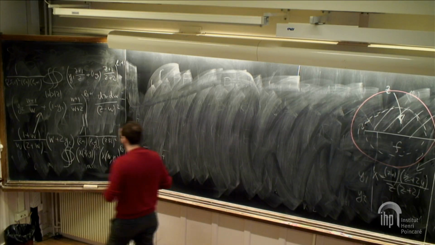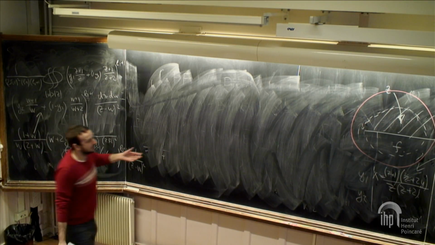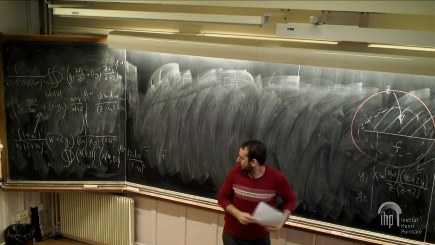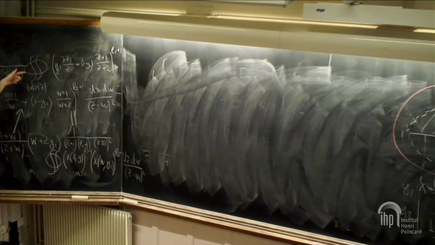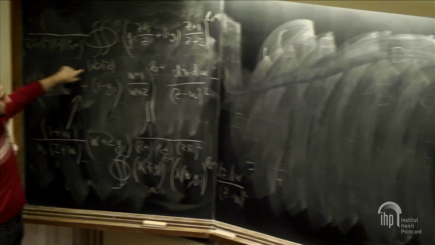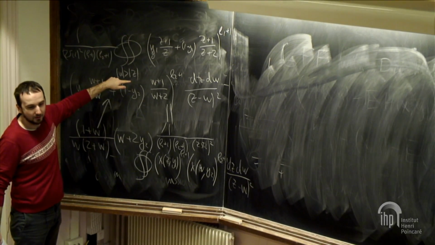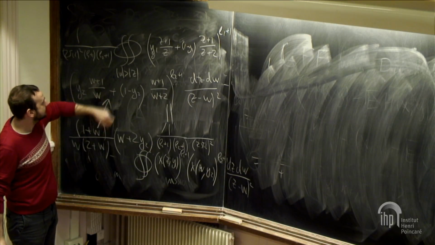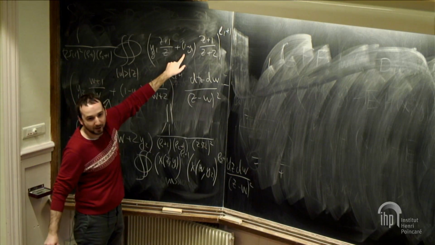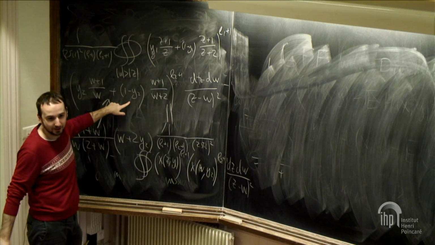At this point, you have this integral. This is a double contour integral in z and in w. Yes, but z was corresponding to y1 and w was corresponding to y2.